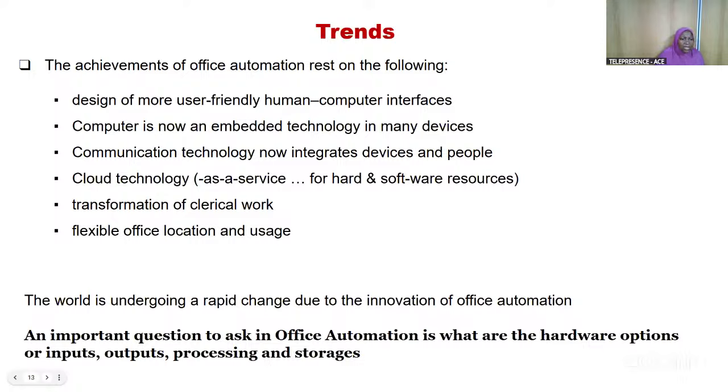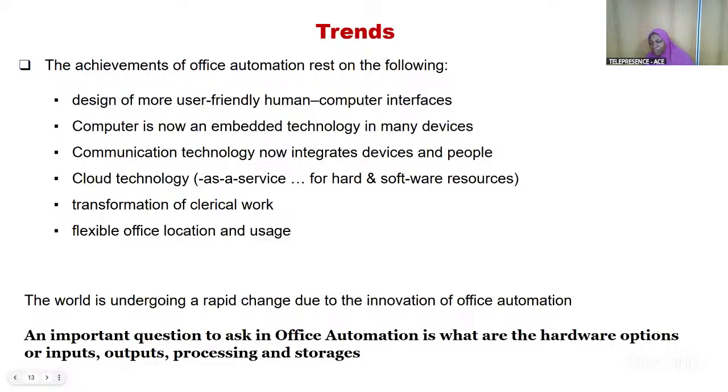Fine. So more or less, the world is undergoing a very rapid change due to the innovations in office automation. And these are the key success stories that are driving that trend. So in essence, where we are now is to ask that important question.